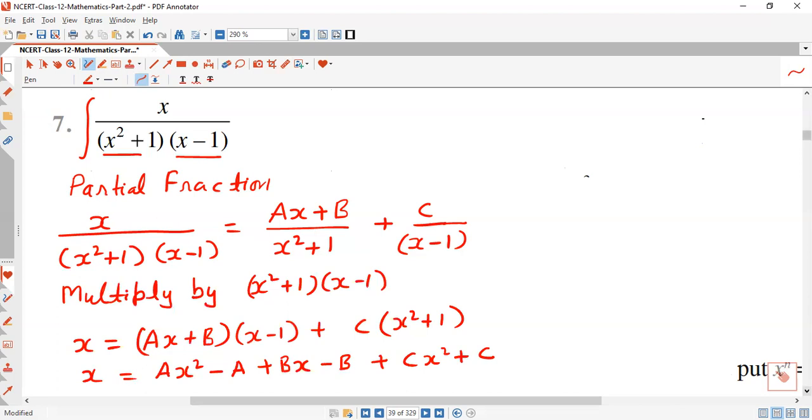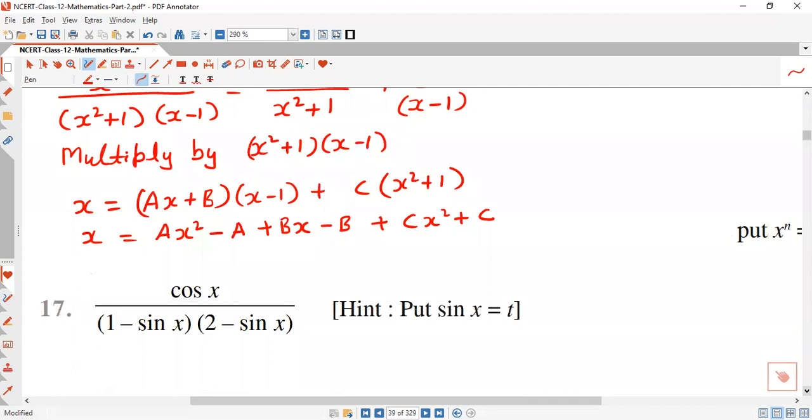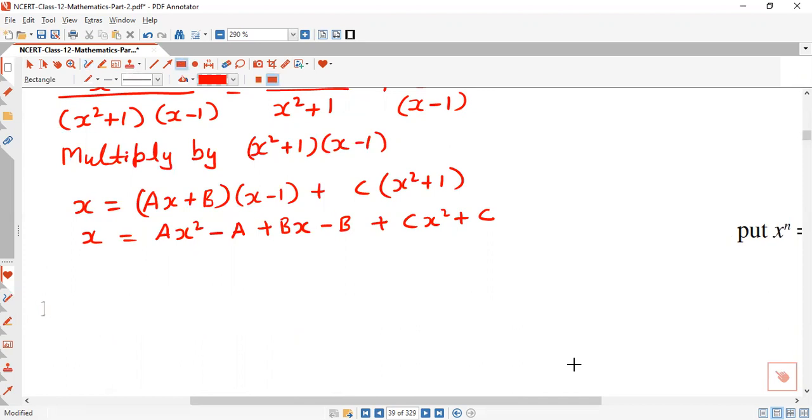Now compare the coefficient of x square. On the left side there is no x square, so a plus c equal to 0.